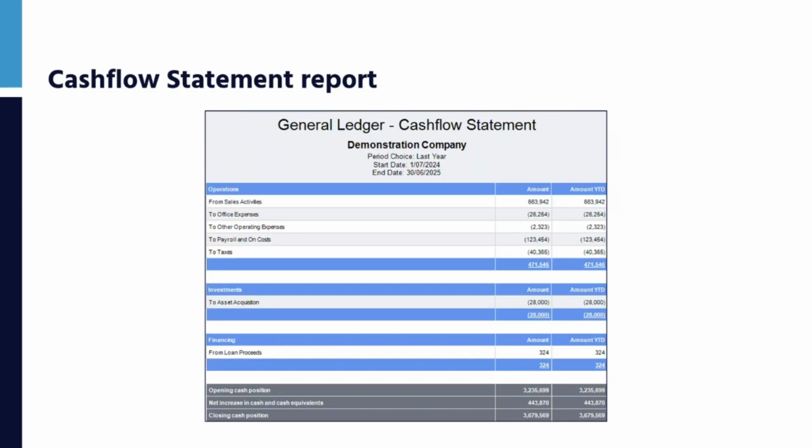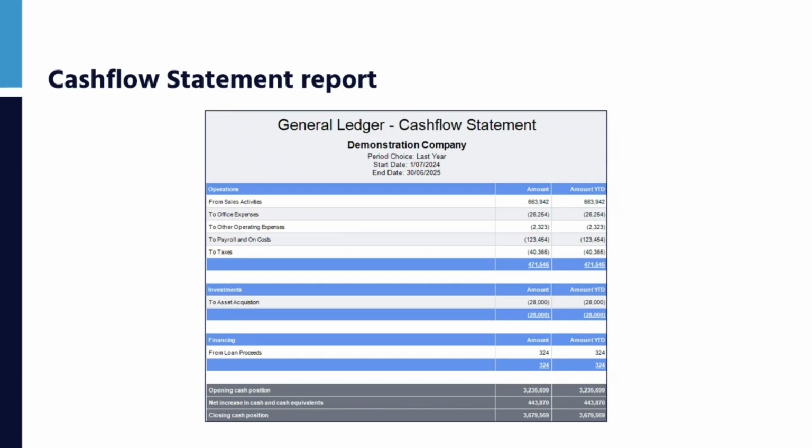The beauty of the cash flow statement report is you can experiment with it. It's something you probably won't get right the first time, and you might want to change it up over time. In this example, I've split my operations to see what's coming from my sales activities and then what's been allocated to other office expenses, etc. So I'm getting a breakdown of where the cash has gone from an expense perspective.